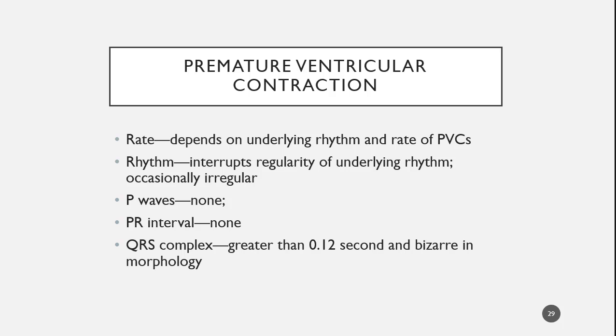Now, with PVCs, it could cause your rhythm to be irregularly irregular, if they're just happening kind of all over the place. Or PVCs sometimes begin to discharge and fire in a pattern. And so as a result of that, we still can't call it a regular rhythm, but what we can say is that it is a regularly irregular rhythm.